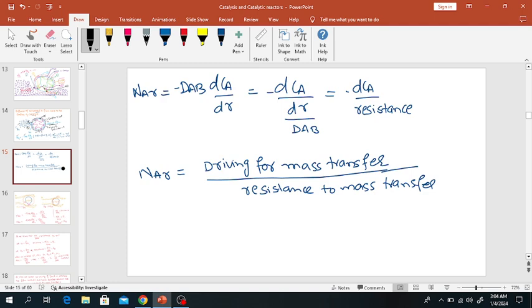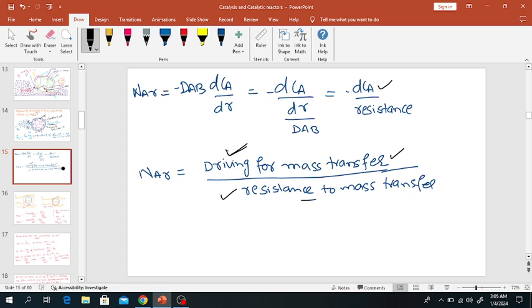The thickness divided by diffusivity is nothing but resistance to the mass transfer. And the molar flux of A can be written as driving force for mass transfer divided by resistance to the mass transfer. So concentration gradient is the driving force for the mass transfer in this case, and the resistance to mass transfer is dr divided by DAB.